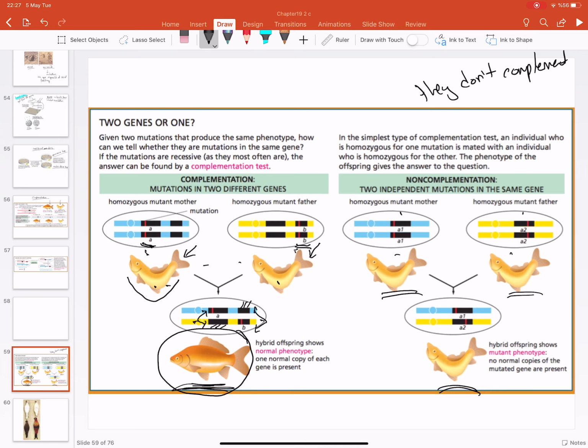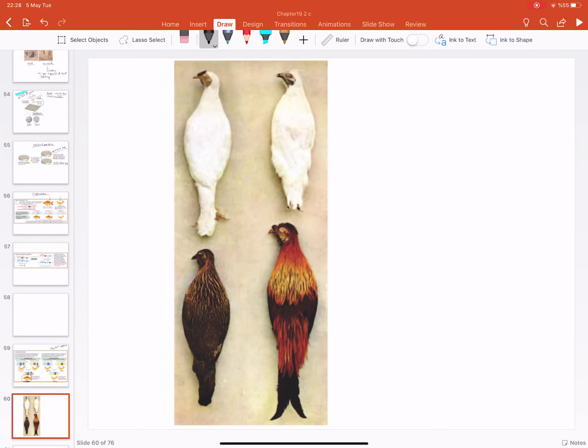Previously this was a highly used genetic test, and whenever you check the old data, you're going to see many descriptions that this allele complements this allele, this allele doesn't complement this allele. They all come from this kind of experiment. For example, here, I'm not sure which one is female, let's call this male and this female.